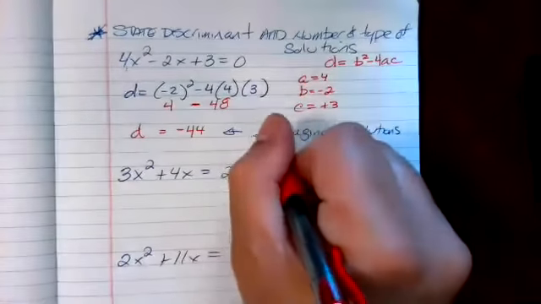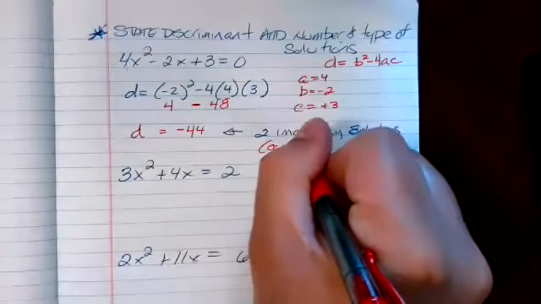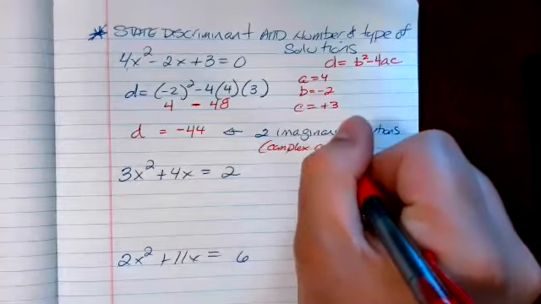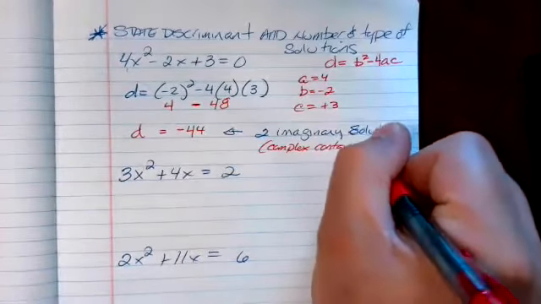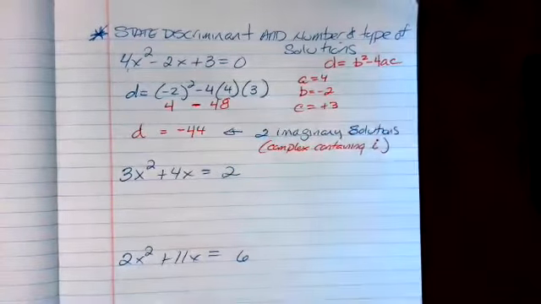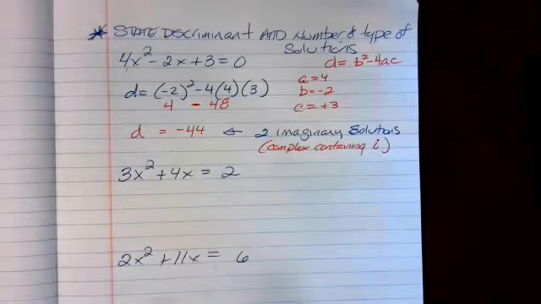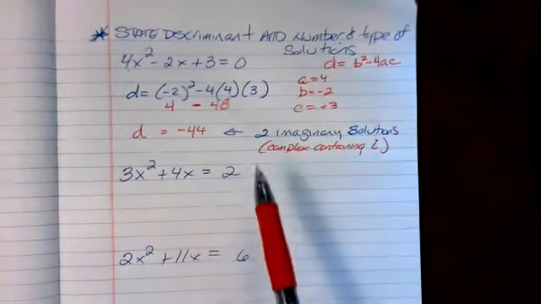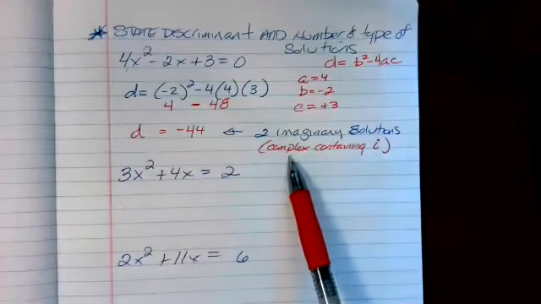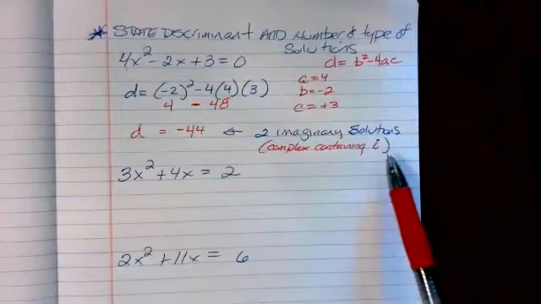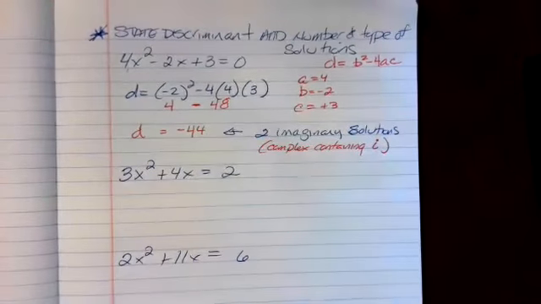Or sometimes they call them complex, containing i. Sometimes they say two imaginary solutions, or they say two solutions that are complex containing i, which means it's imaginary.